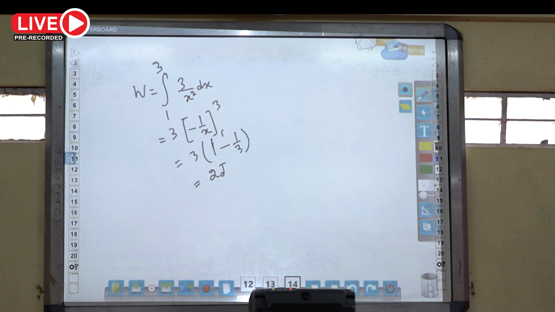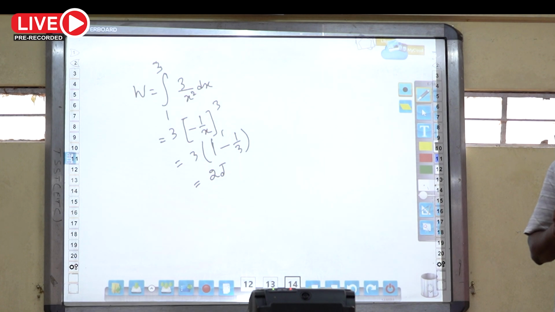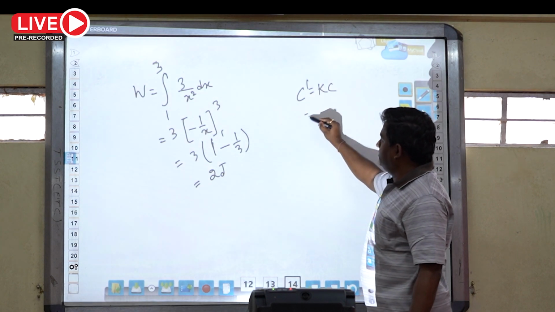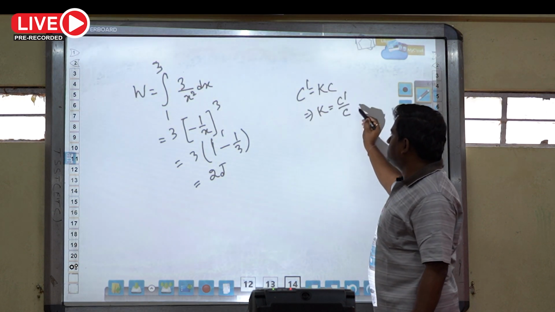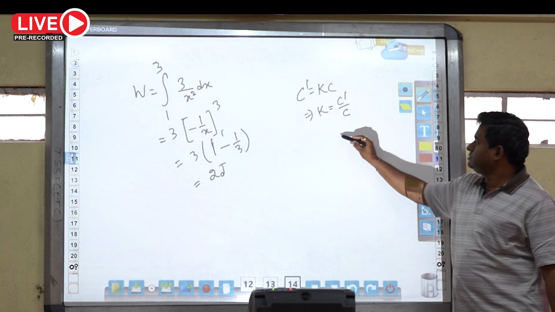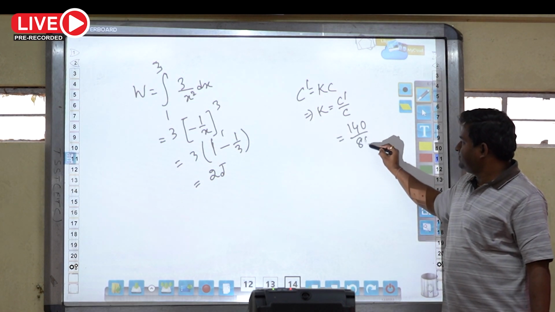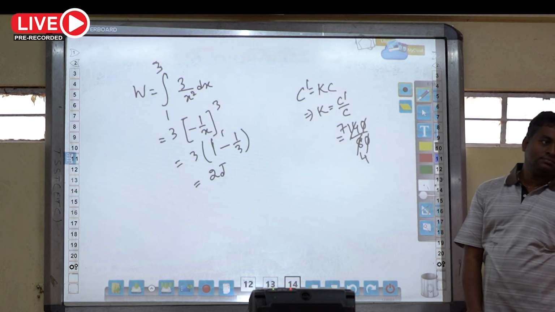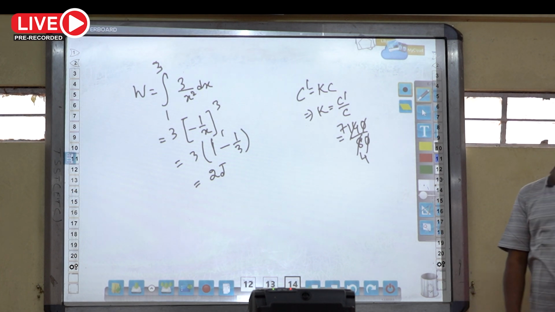The dielectric constant of the oil is, C prime equal to K times C. So K equal to C prime by C. That is 140 by 80, that is 7 by 4, that is 1.75.